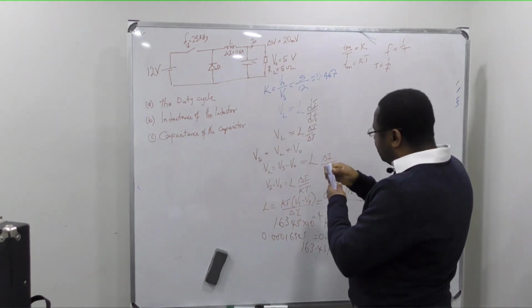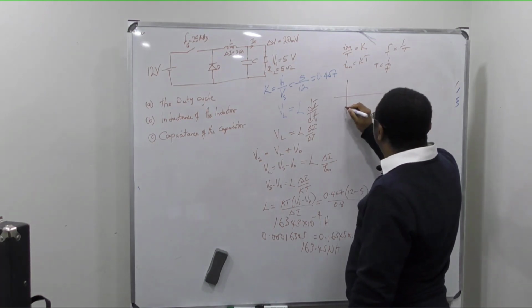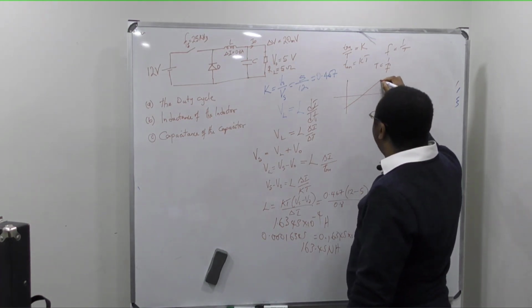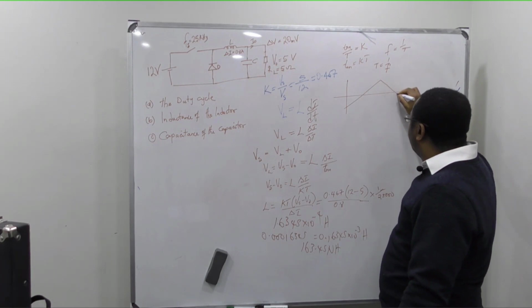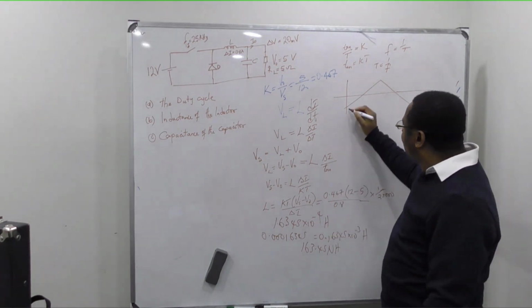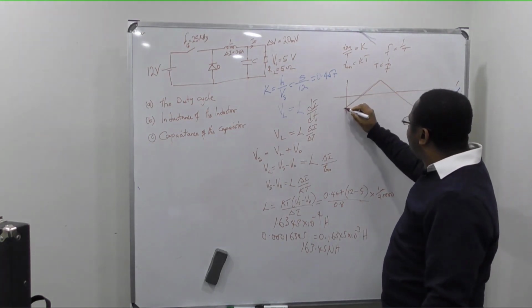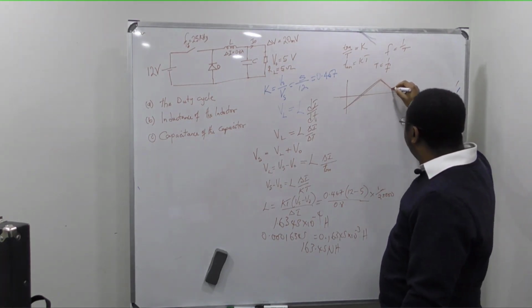So it means that the current flows like that. At time of on, it goes up. This is our average value, right? Time of on, it goes on. Time of off, off.